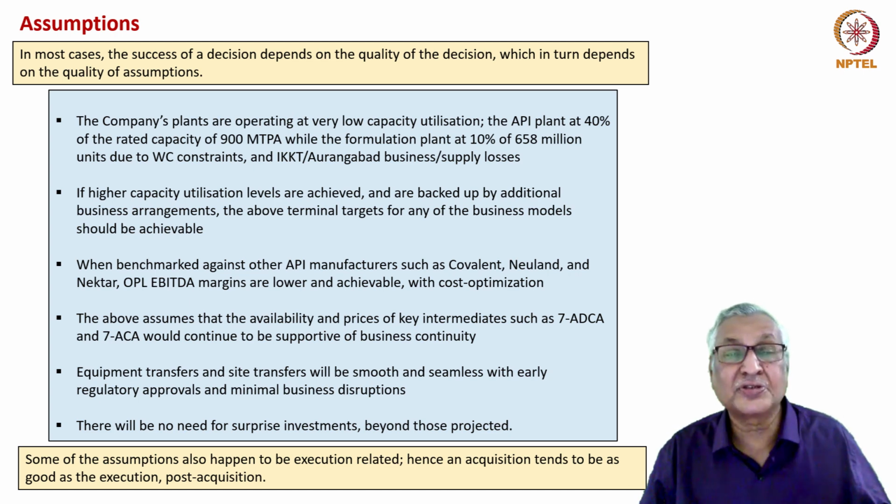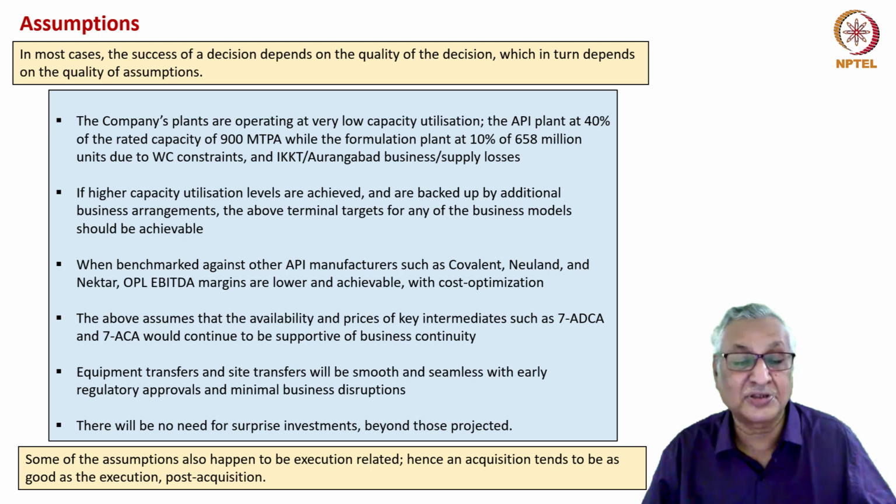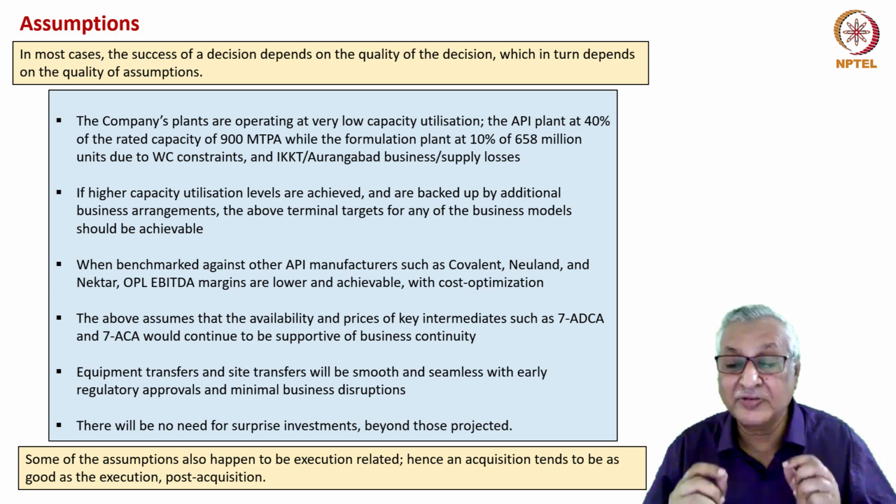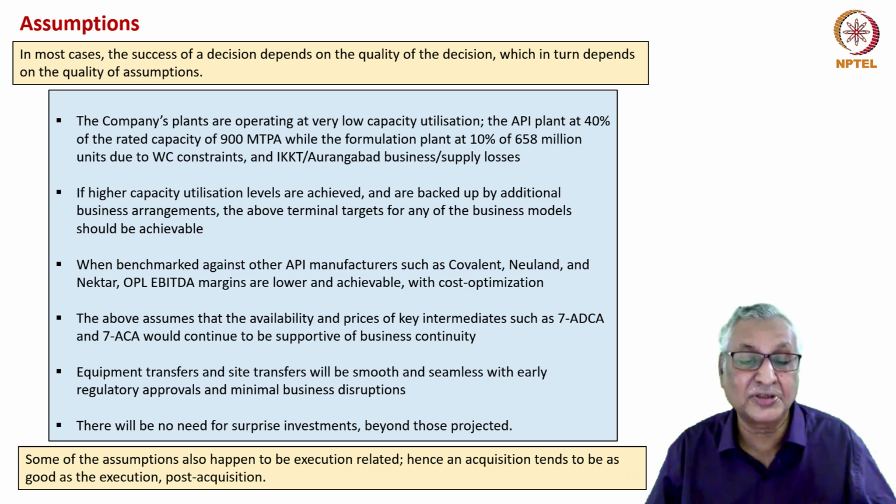Any equipment transfers and site transfers to cover up for the lost businesses will be smooth and seamless with early regulatory approvals and minimal business disruptions. There will be no need for surprise investments beyond those projected. Some of the assumptions happen to be execution related, hence, an acquisition tends to be as good as the execution post acquisition.